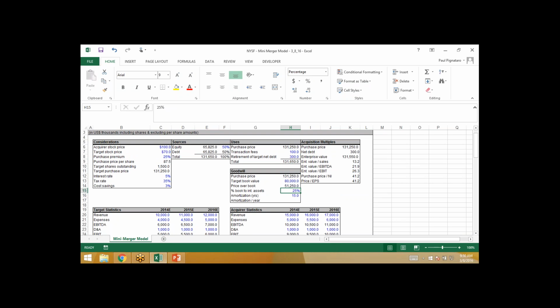So the assumption is, let's assume that 25% is allowed to be allocated to intangible assets and can be amortized over 15 years. Okay? Let's assume that.